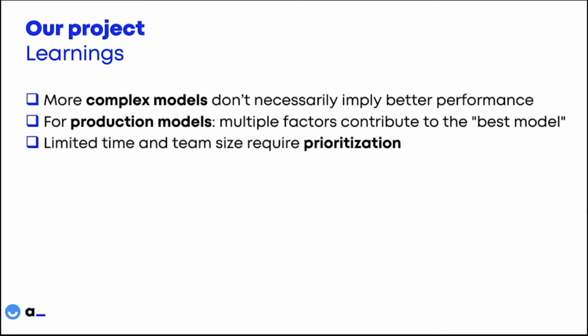We completed this first iteration in 30 days, having two, sometimes three people working on the project. And putting a model into production and completing the full circle of productionalization wouldn't be possible if we didn't prioritize our tasks.